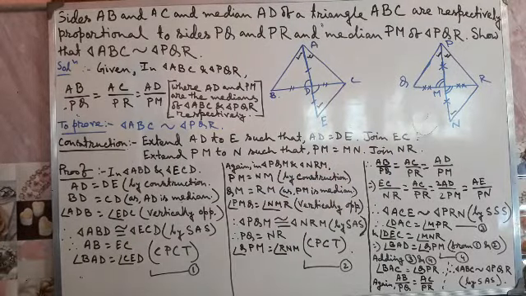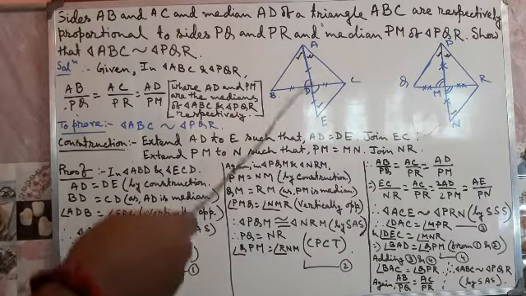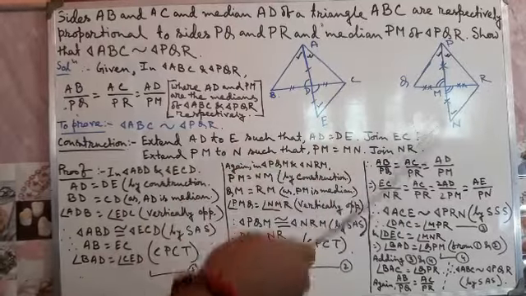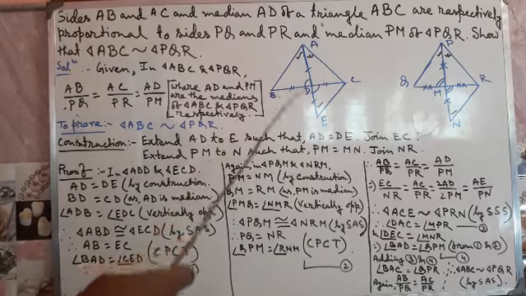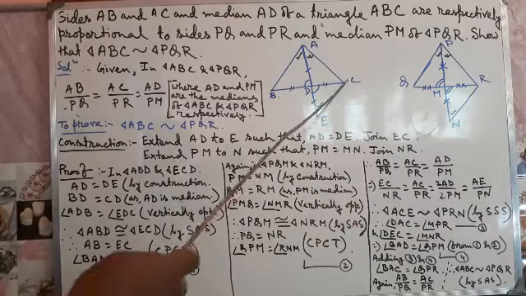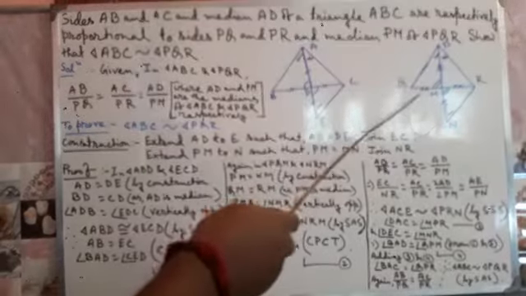Again, from this similarity, angle CED is equal to angle BAD and angle RNM is equal to angle QPM. Therefore we can say that angle BAD is equal to angle QPM. Again angle CAD is equal to angle RPM.